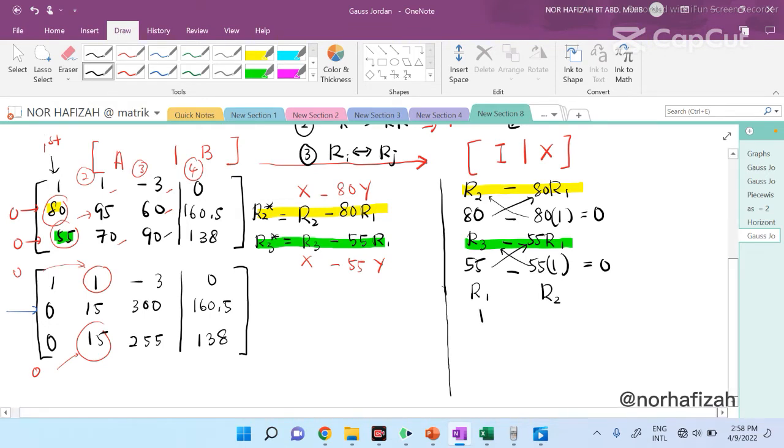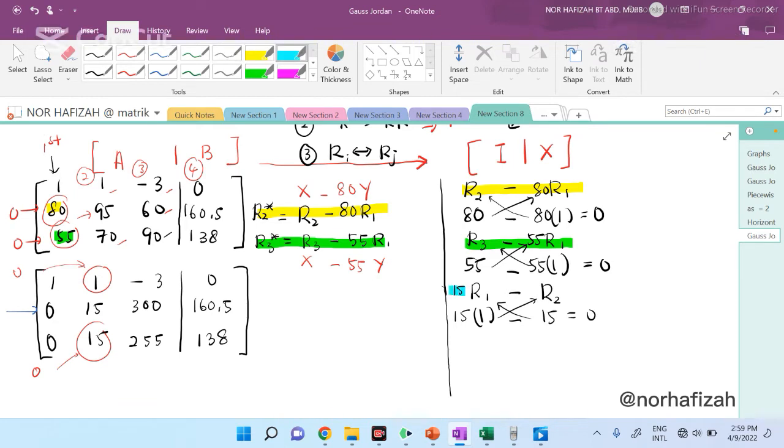Row 1 is 1, row 2 is 15. So we cross multiply. This will be times with 15. 15 times 1. So to get 0, the 1 times you don't need to write. Minus, the operation is minus. So here we write back the operation. On the first row, star, 15 row 1 minus row 2.